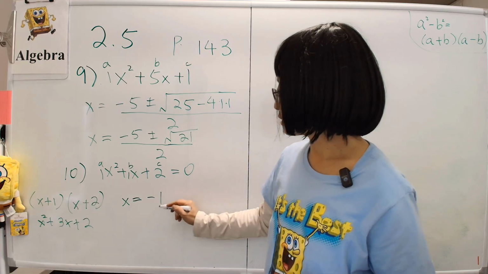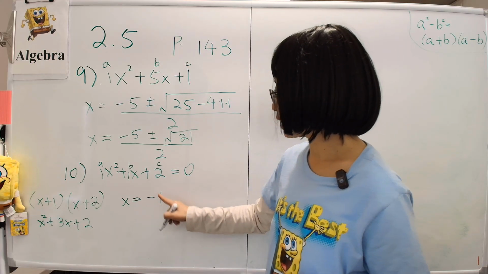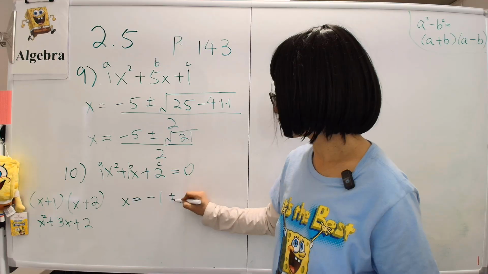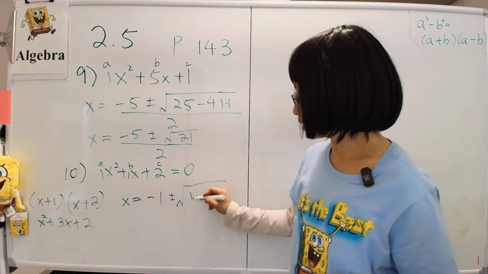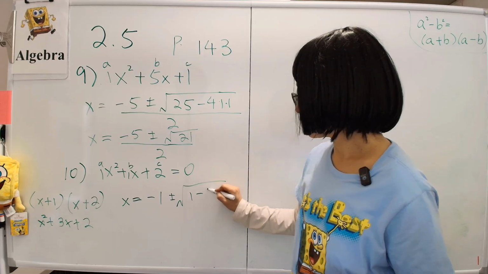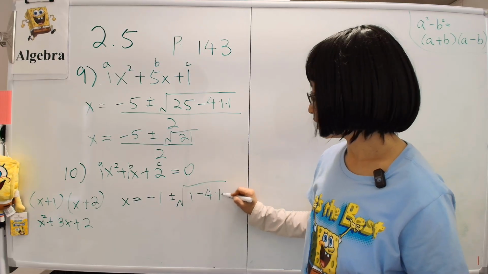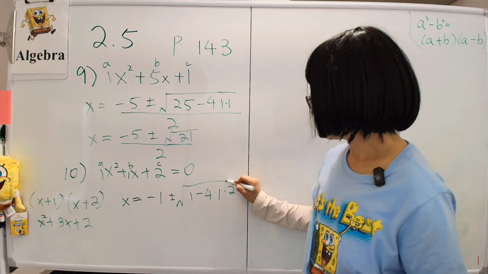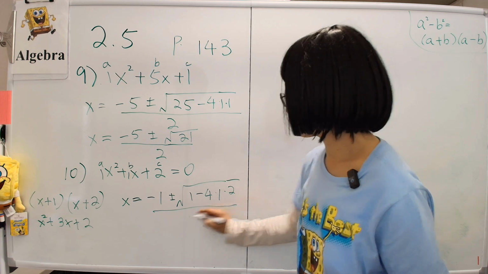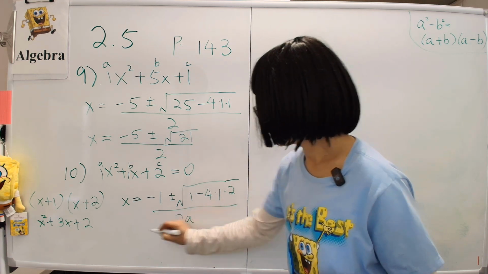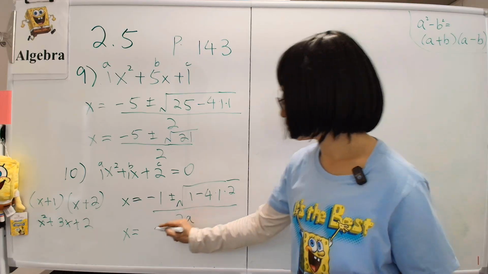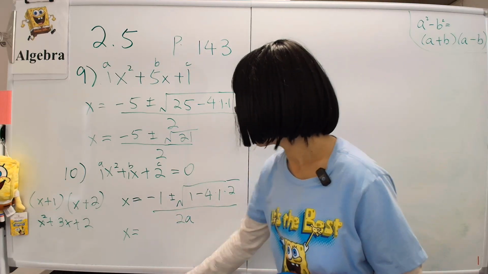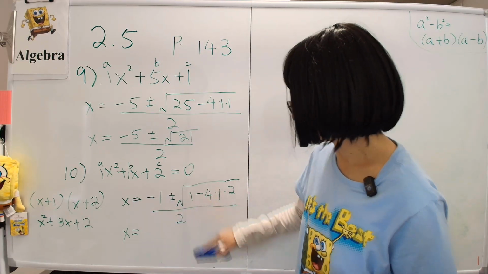And so knowing that, x equals minus b, plus or minus the square root of b squared, that's 1 squared, still 1, minus 4 times a times 1 times c, which is 2, all over 2a. I shouldn't write down 2a, just 2, because a is 1.